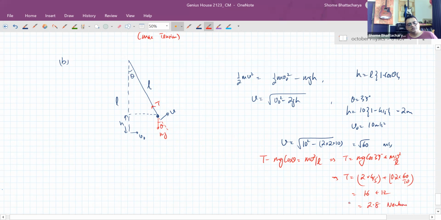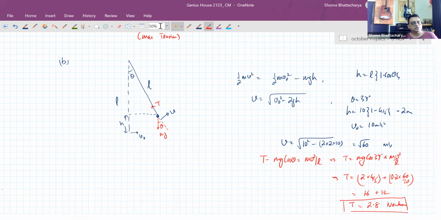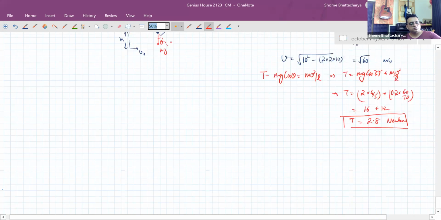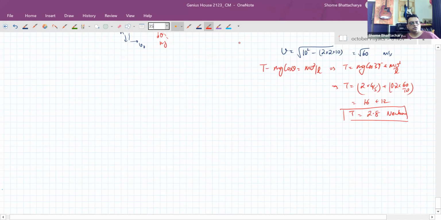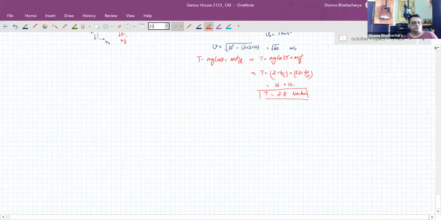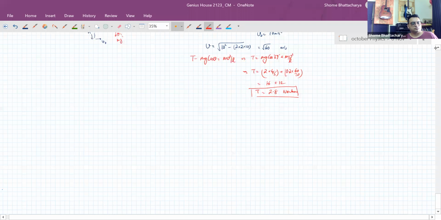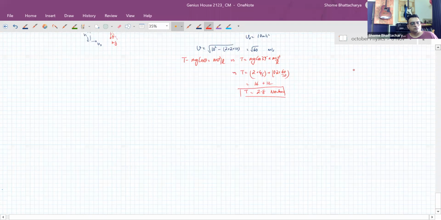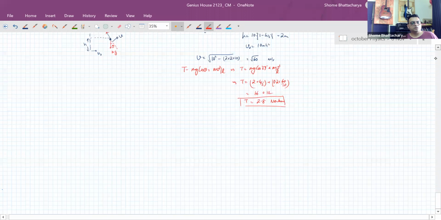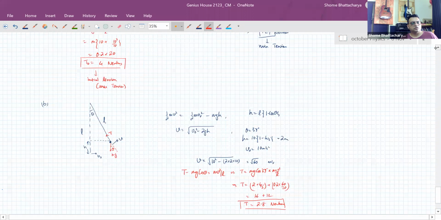So you can see how tension has reduced from the 4 Newton mark initially. The minimum value it goes up to is 1 Newton later.